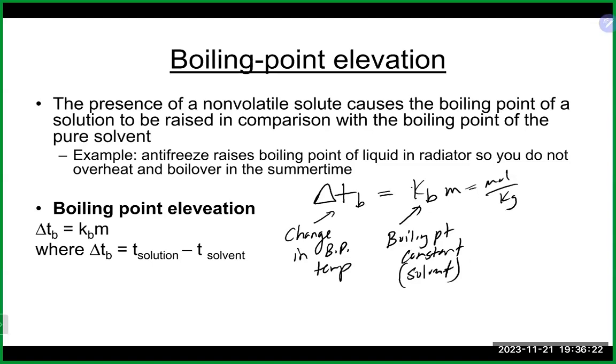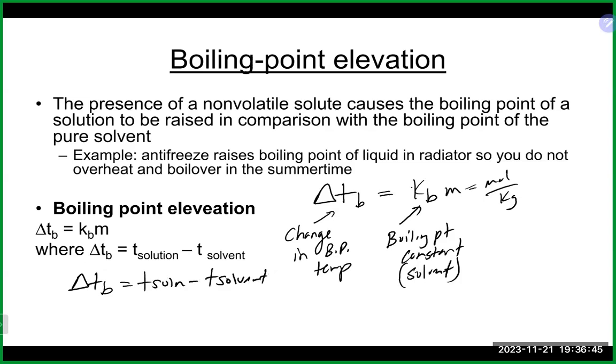This one is different because this is boiling point elevation. The solution will boil at a higher temperature than the solvent, so it'll be a larger number than the solvent. So in this one, the change in the boiling point temperature is the temperature of the solution minus the solvent. This one is opposite of the previous one, where we take solvent minus the solution.